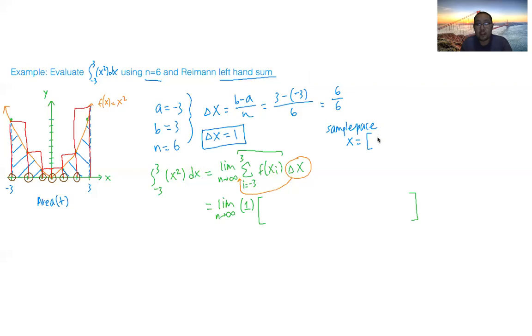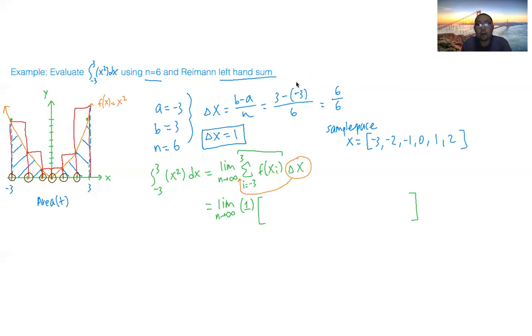So our sample space is going to be x equal to -3, -2, -1, 0, all the way to +2. So you should have 6 of them: 1, 2, 3, 4, 5, 6, right?